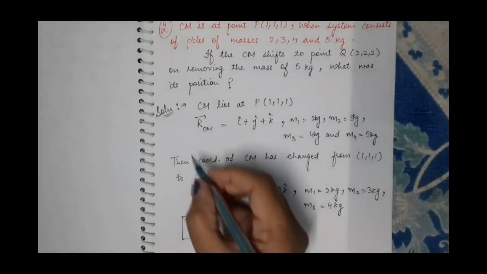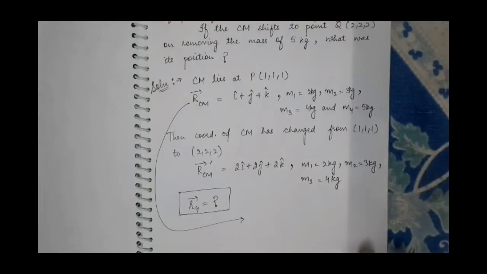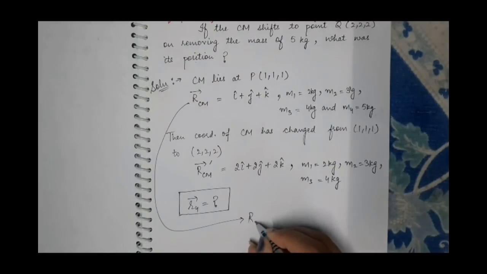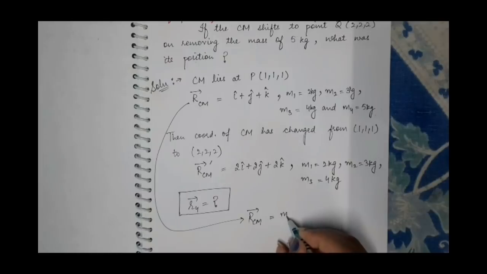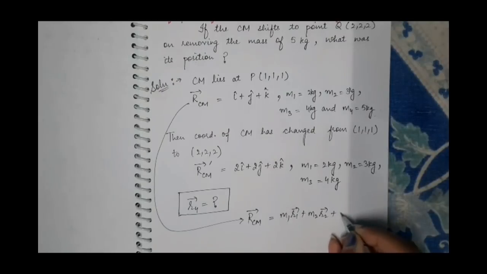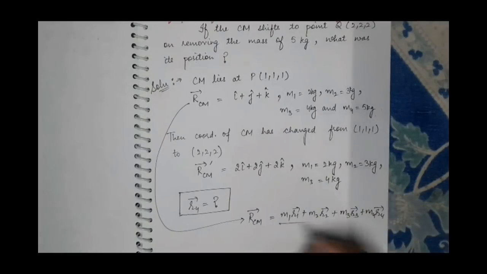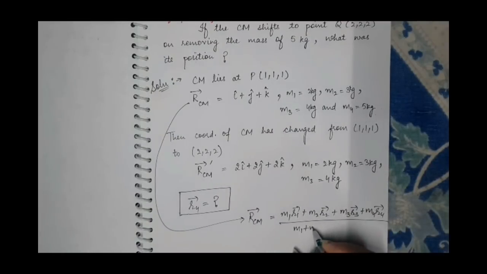So now, according to the question, what will be the equation from this information? We know that the position vector of center of mass is equal to, here we have 4 masses, so m1 r1 plus m2 r2 plus m3 r3 plus m4 r4 divided by m1 plus m2 plus m3 plus m4.